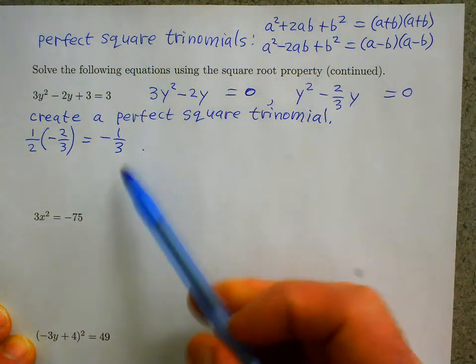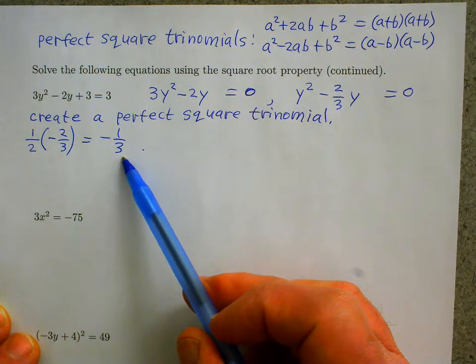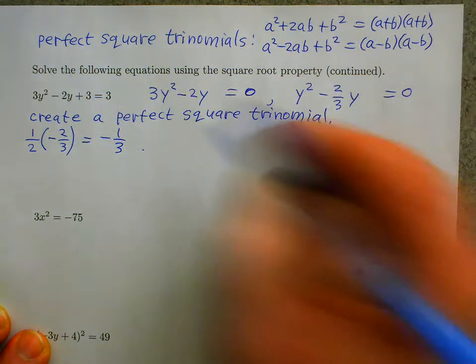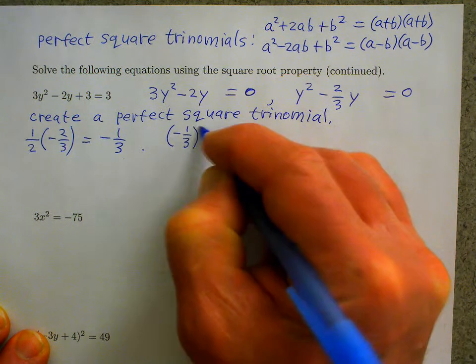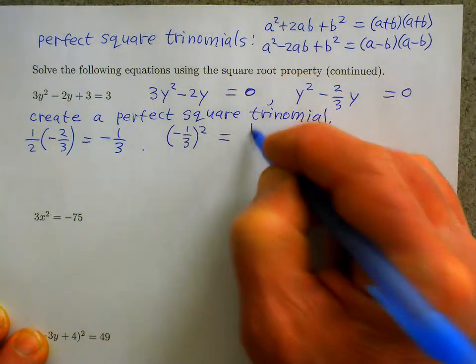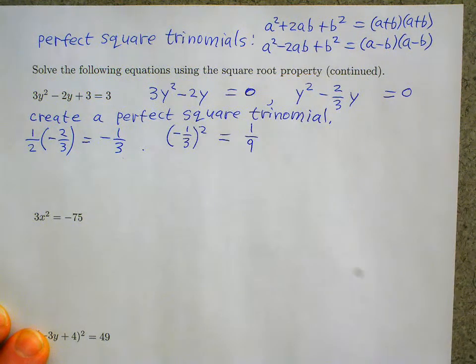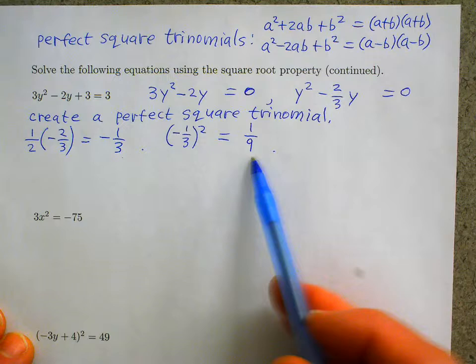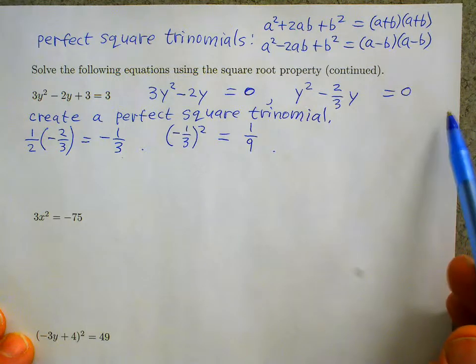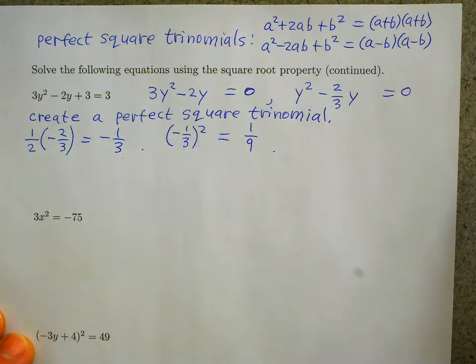Then what we do is we square that number. So when we square the number negative 1/3, we get positive 1/9. And this number, 1/9, is the number that we're going to add to both sides of that equation.